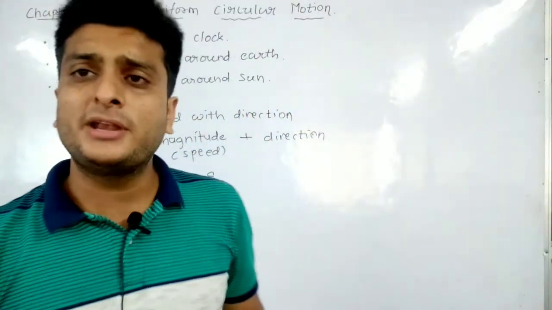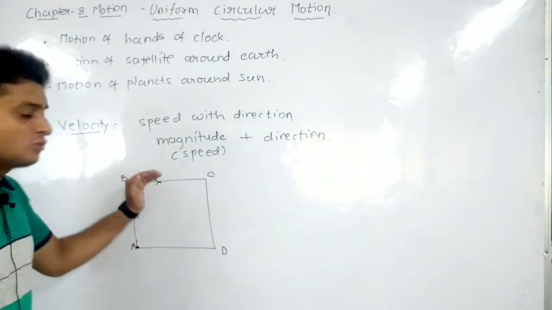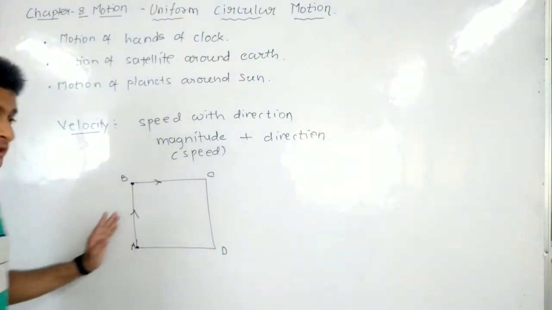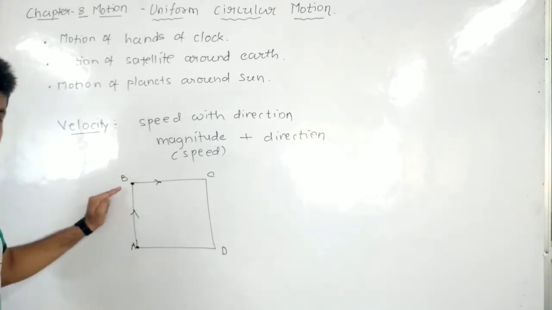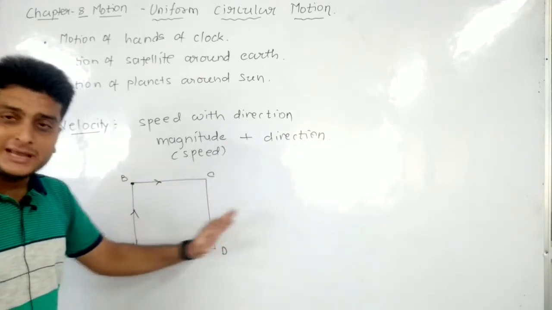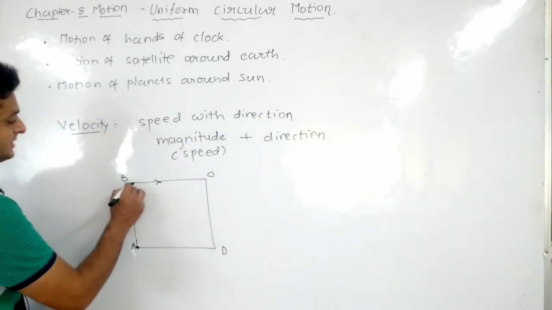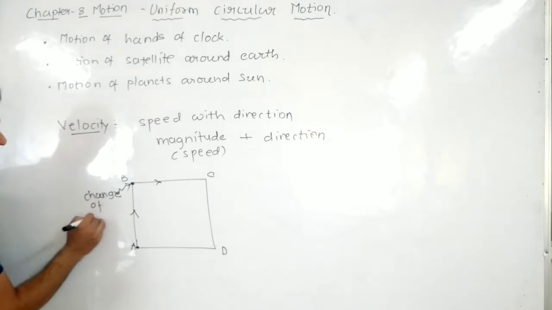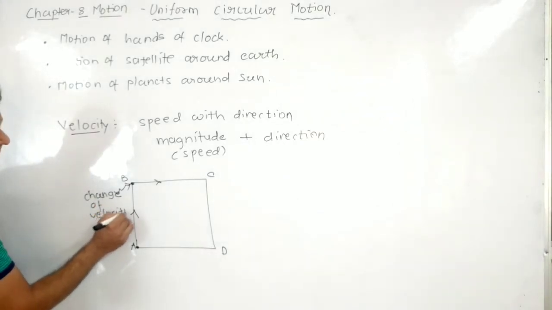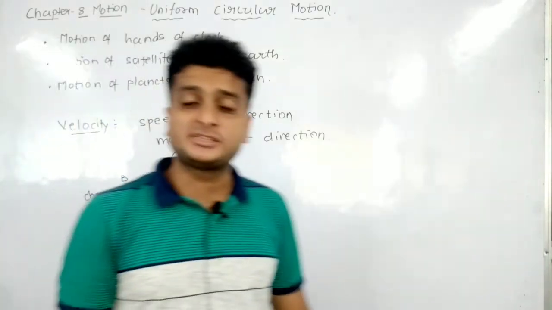Value is 30 km per hour when he is taking the turn also. But the direction is changing. Initially he is moving from A to B. As soon as he reaches the point B, he has to change the direction. So I can say at point B, there is change of velocity because direction is changing. There is change of velocity as the direction is changing.